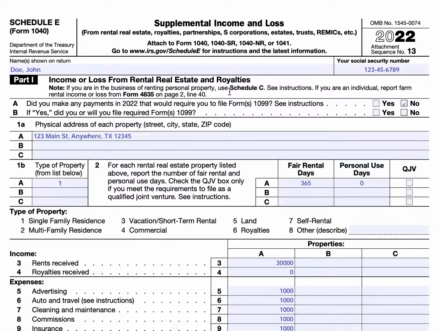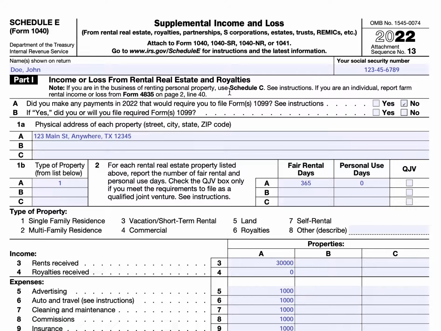If you provided significant services to your customer when it comes to rental real estate, specifically IRS Publication 527, which governs residential rental property, clearly defines significant or substantial services to include certain activities such as regular cleaning services, maid service, changing linens. For example, a lot of Airbnb rentals might actually fall under this category because that might be part of the service that you provide.